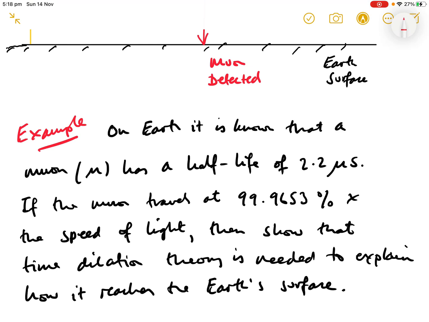Now, typically the muon travels at 99.9653% times the speed of light, clearly a very relativistic speed. We then want to show that time dilation theory is needed to explain how this muon reaches the Earth's surface.